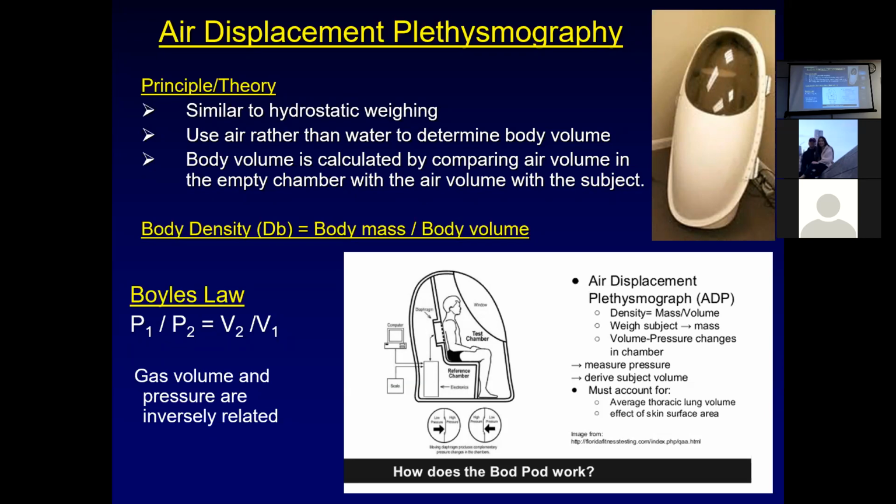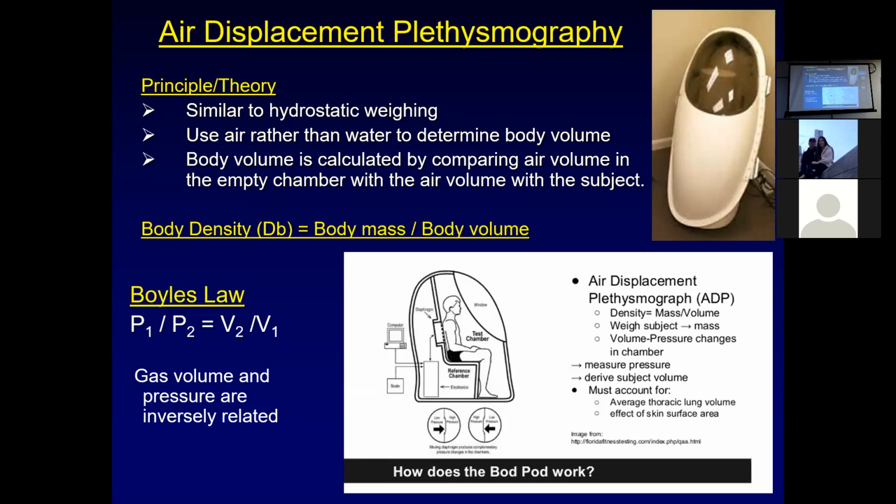There is a law called Boyle's law, which tells us that the ratio of pressure on two sides of an object is inversely proportional to the volume occupied on either side of that object. We sit you in the chamber so we know the volume on either side.